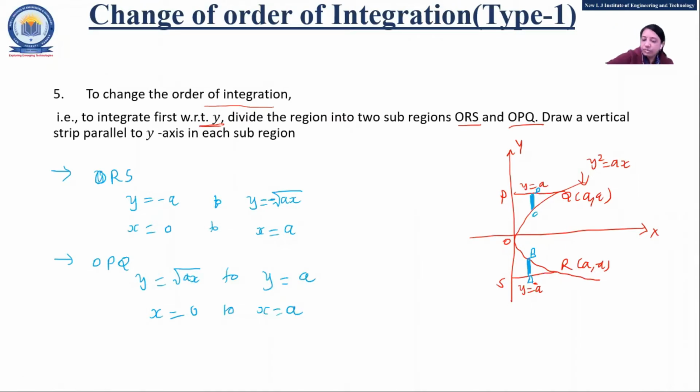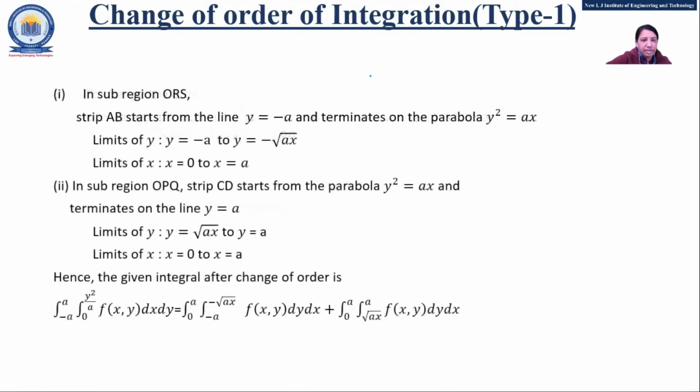Okay. So in the next slide, it is written only the ORS region, minus a square, that we have calculated, right? The minus sign is there because it is in the fourth quadrant. Now we have changed the order. After changing, we are having two regions.